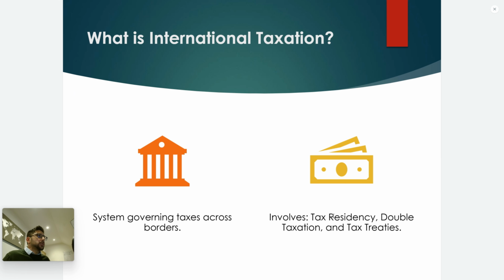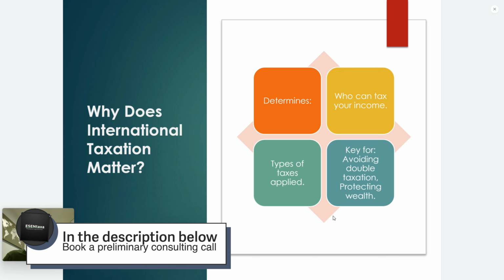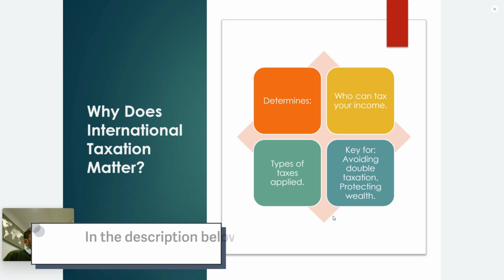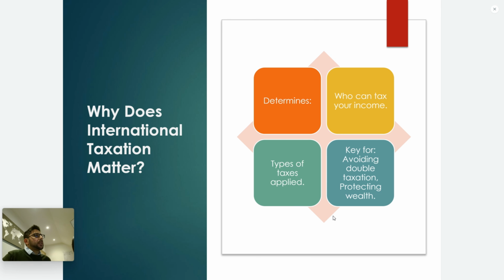in multiple jurisdictions. Now, international taxation is crucial because it determines, first, who can tax your income. So, is it your country of residence that taxes your income, or the country where you earn the income, or both? And the second point is: what kind of taxes apply?